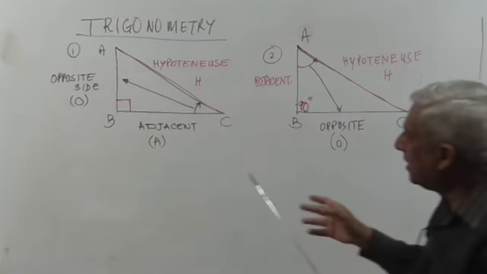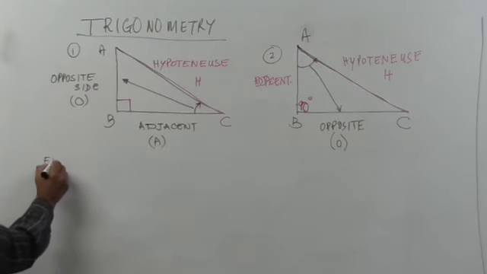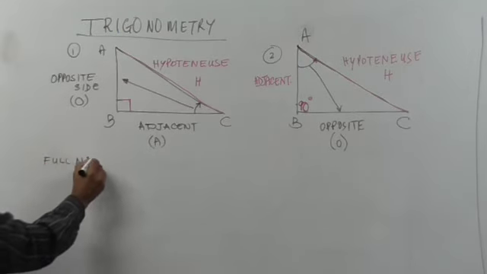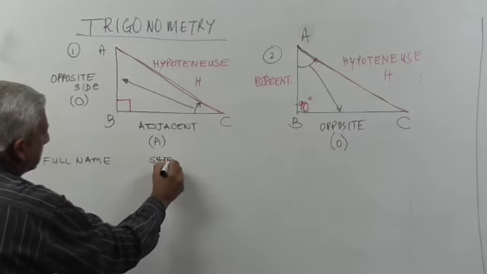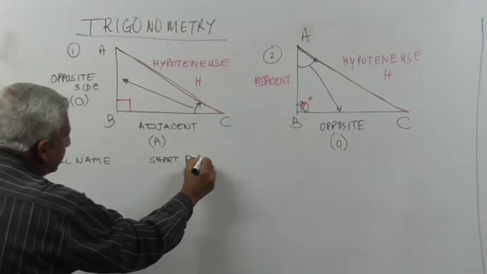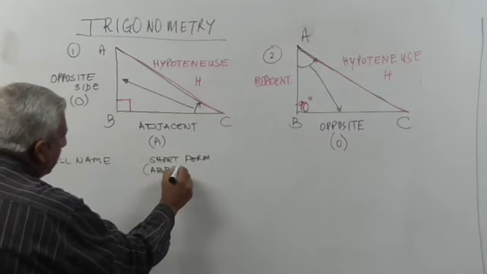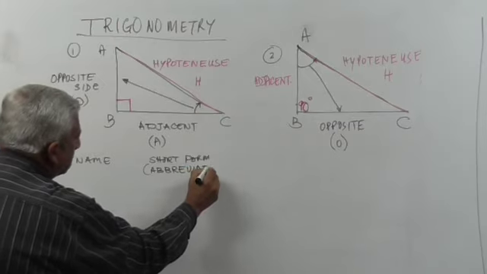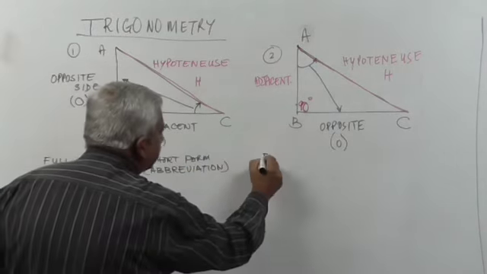Now the next thing we're going to learn in this session is the six ratios. The six ratios are given special names. So I'm going to give the full name, then the short form, another word for short form is abbreviation, and then the formula.